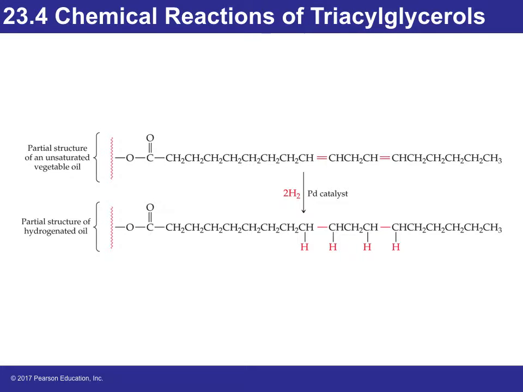Just looking here at the chemical reaction, you need a catalyst and you need some hydrogen. At the top you have an unsaturated vegetable oil, and you can break apart the double bond to make it a single bond by adding two molecules of hydrogen, so you have 4 hydrogen atoms.